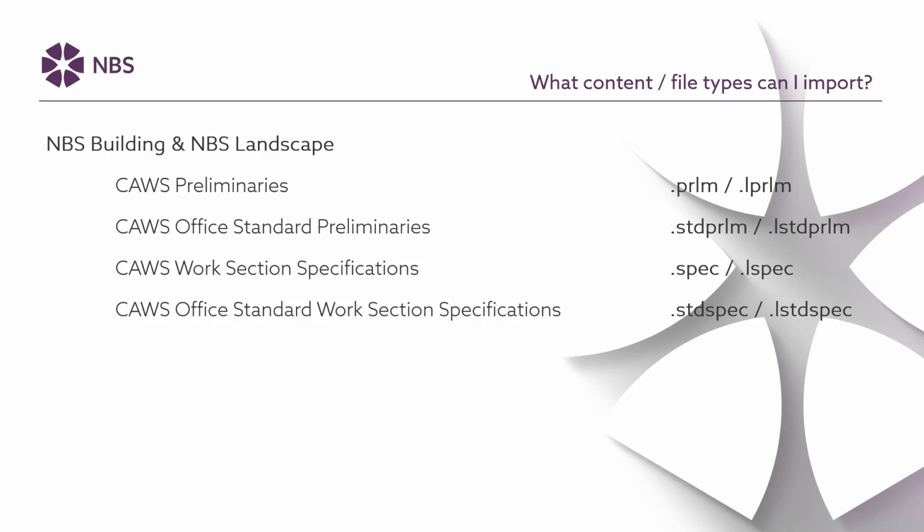From Building, this would be a .stdspec file, and from Landscape this would be a .lstdspec file. And for Create, you can import your work section specifications, which are in Uniclass 2 format in Create. And this will be a .spex file.